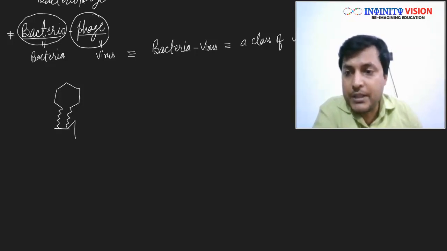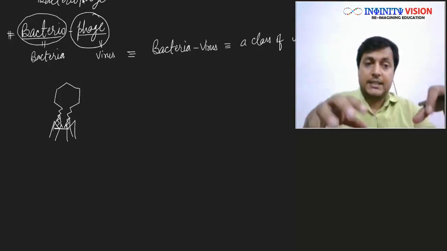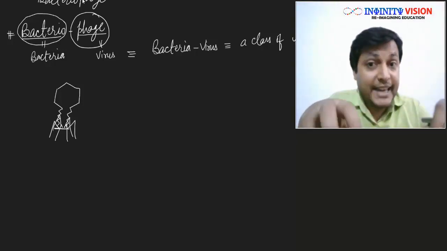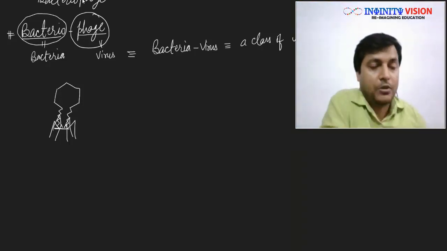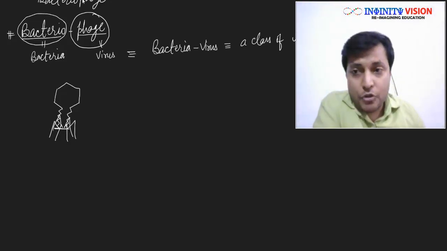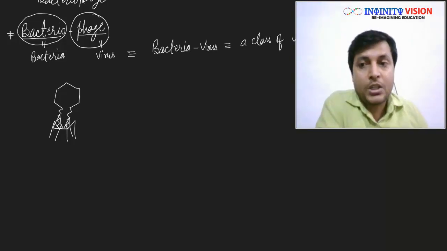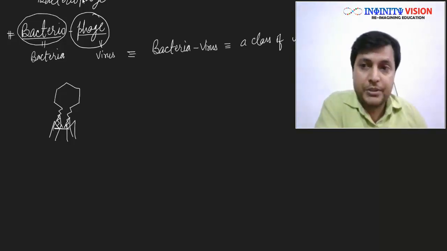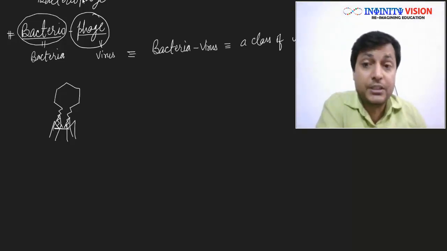On this basal plate there are 6 to 8 tails. These tails help in attachment of this virus on the surface of bacteria. What I have drawn so far is made up of protein, or protein plus carbohydrate, or maybe lipid in some cases. This is the outer covering called capsid.